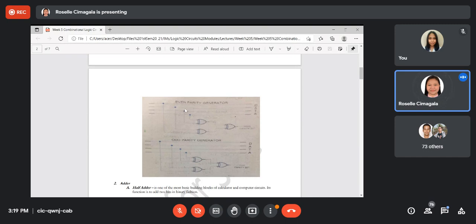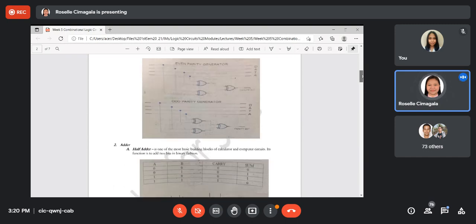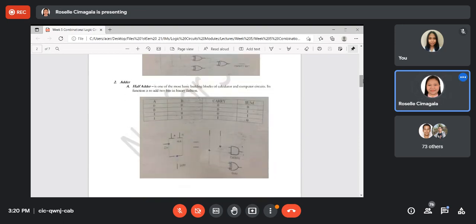As for the combinational circuits, you will create the truth table of inputs and outputs, since the diagram is given. Well, next, for other circuits, we have the adder.